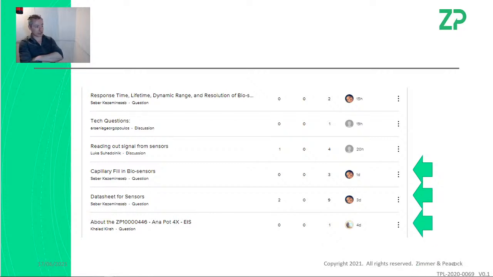We had some questions about an Ethernet port on a potentiostat. We had some questions about reading signals from our oxygen, pH, and conductivity sensors. The inquirer is asking whether the output was 4 to 20 milliamps or 0 to 10 volts, and we'll discuss that. A whole series of technical questions around immunosensors using antibodies for the detection.